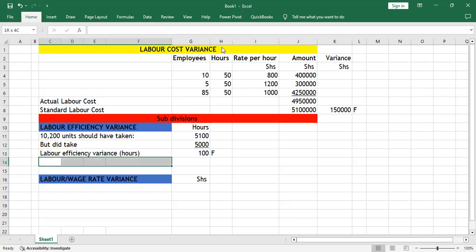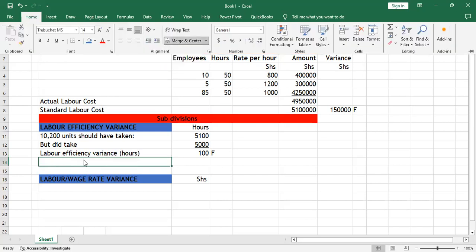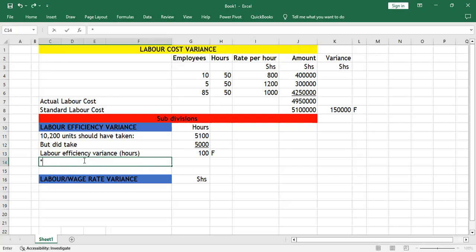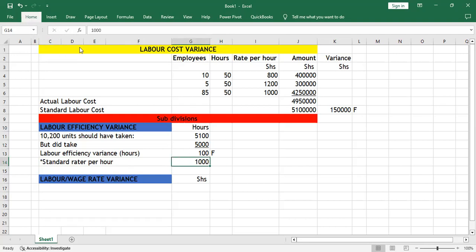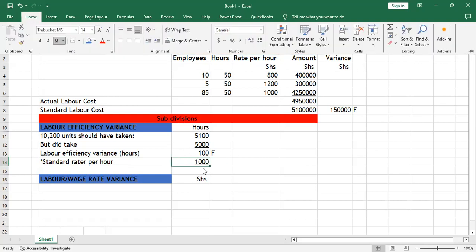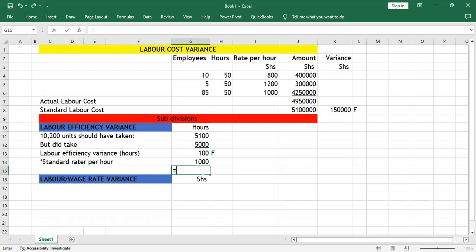Of course, now these hours have to be expressed in terms of money, so we have to multiply by the standard rate per hour. The standard rate per hour is shillings 1,000. Therefore, now we can get our labor efficiency variance in terms of shillings.